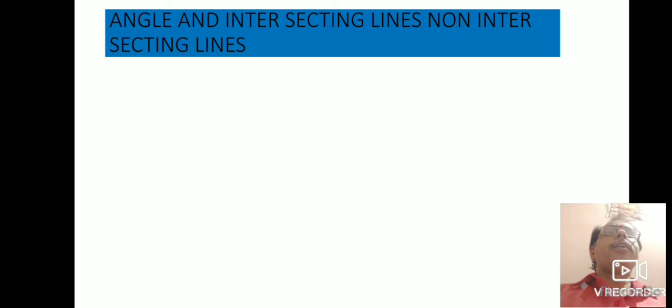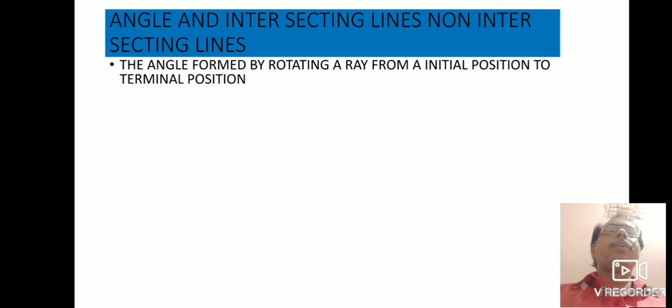Now, angle and intersecting lines, non-intersecting lines. Now let us see the angle definition. The angle is formed by rotating a ray from an initial position to a terminal position. So initial position means starting point, terminal position means ending. Now let us see the diagram.